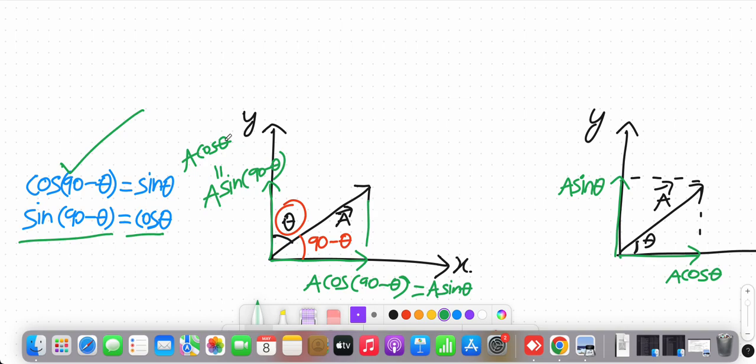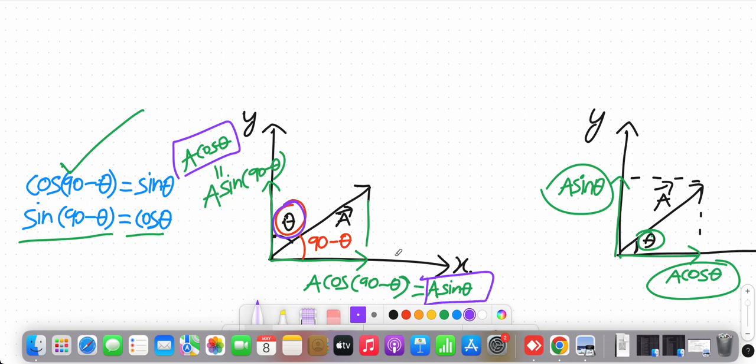So if this angle is theta, this is A cos theta and this is A sin theta. And if this angle is theta, then this component is A cos theta and this component is A sin theta.